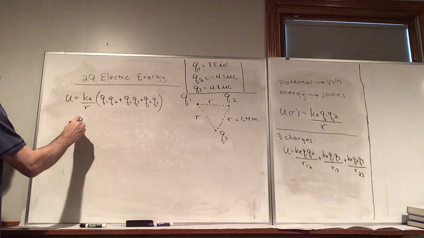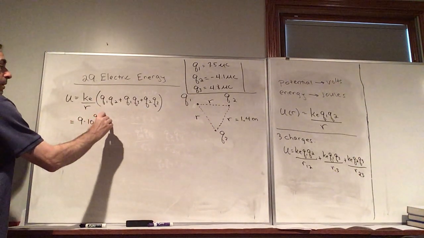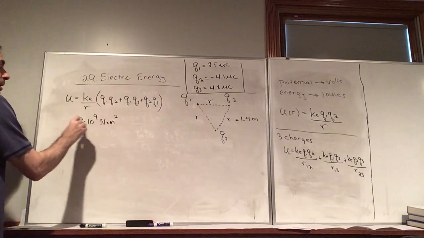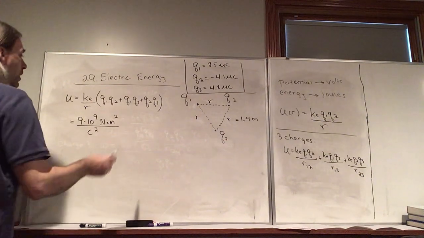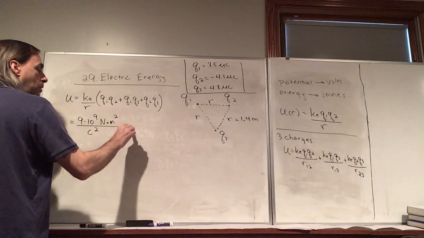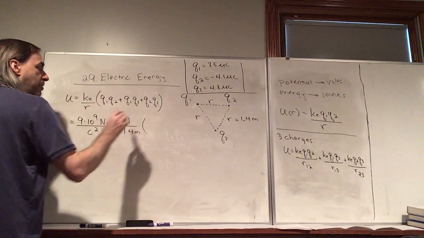We have 9 times 10 to the 9th newton meters squared over coulomb squared. That's Ke. We're dividing by 1.4 meters. And now we've got these charges.